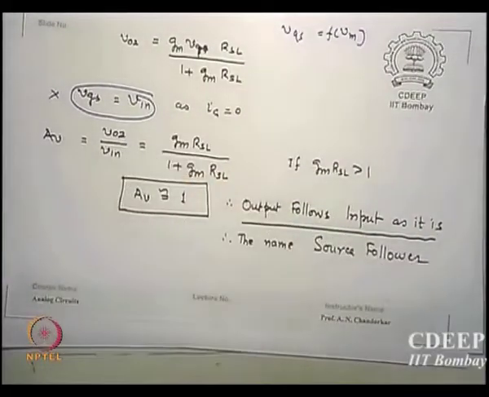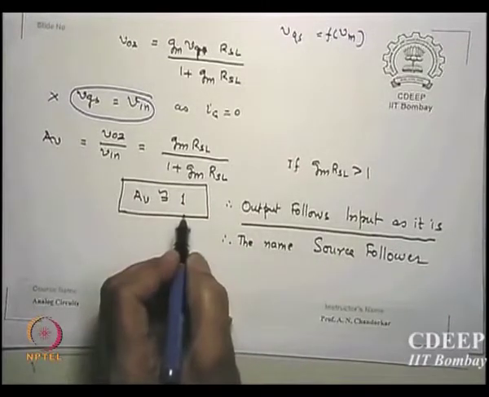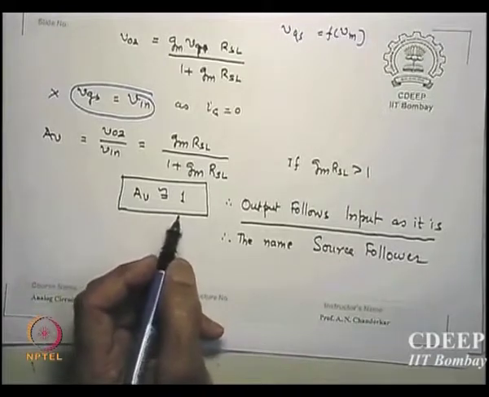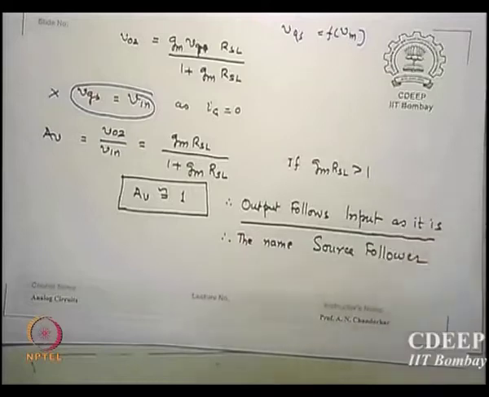The assumption is that Gm Rs is smaller, Rs is smaller, drops are smaller, and in that case the gain will come close to 1. Otherwise it will not be 1, it will be 0.95, 0.93 or 0.98 maximum. The value which I calculated to show close to 1, I wanted to remove things so that it becomes that, but in real life, as she said, we must solve the network as it is and get V0 by Vin in whatever terms you get.